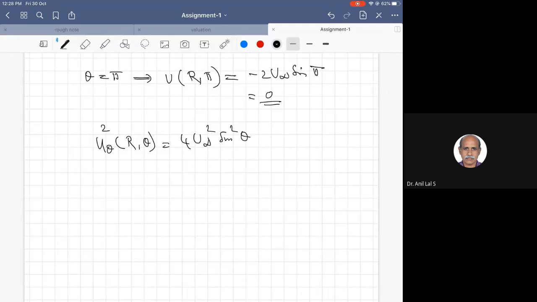In Bernoulli's equation you have the square of the magnitude of velocity, which is 2u infinity squared sine squared theta.